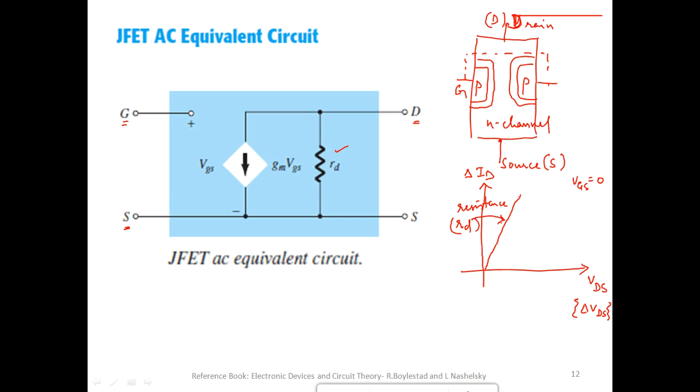Now after pinch off stage, so this is pinch off VP. After pinch off, that means when both the depletion regions tend to join each other, they just appear as if they are joining each other. So this stage is called pinch off VP. After pinch off, the current just saturates.